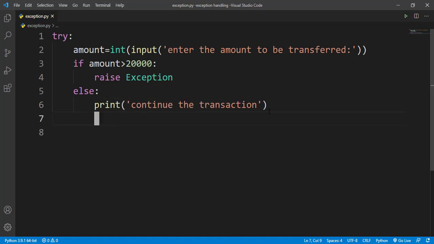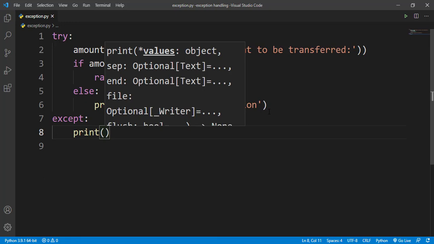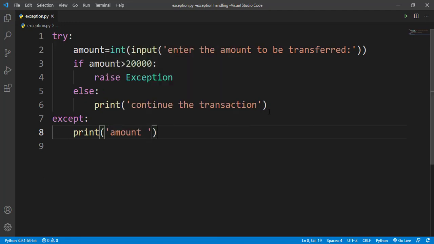Now that we have raised an exception, we need to handle that exception. So to catch that exception, I'll take an except block, and in the except block, I'll write print amount is exceeding limit. I hope you understood the code.